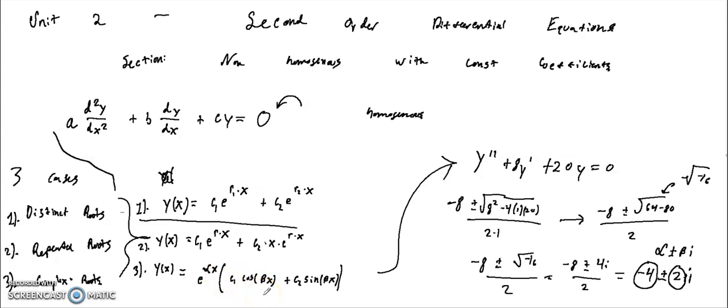But in the next video, we're just going to be going over distinct roots, but we're then going to do repeated, then complex. And it's just a lot of practice for this. All you have to do is just grind out example after example, and you'll just memorize the equations naturally. And the process for all of them is the same.